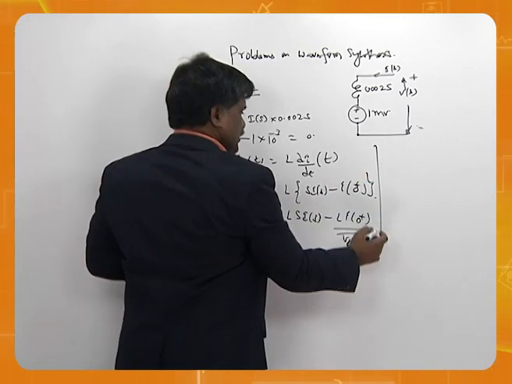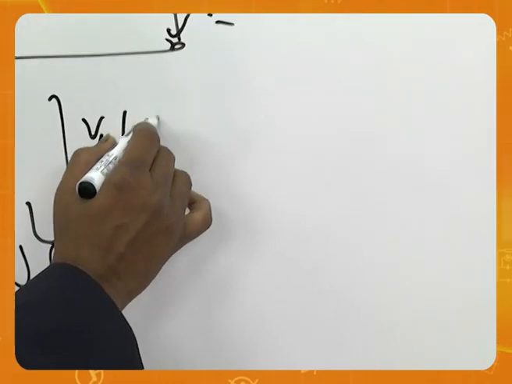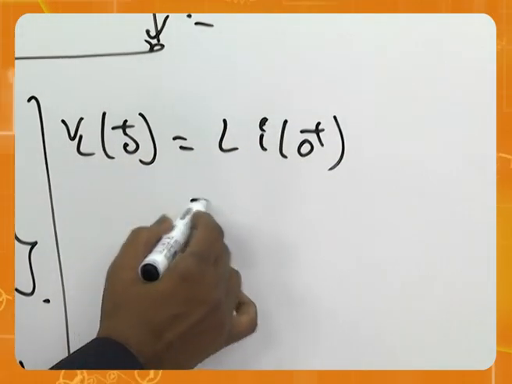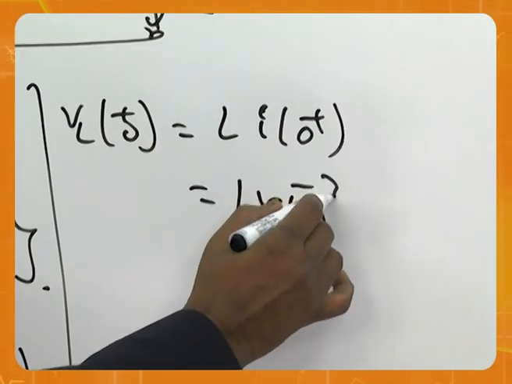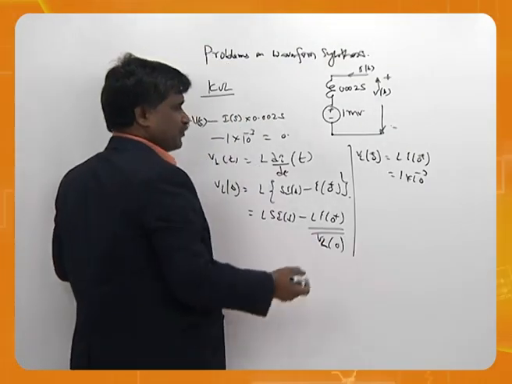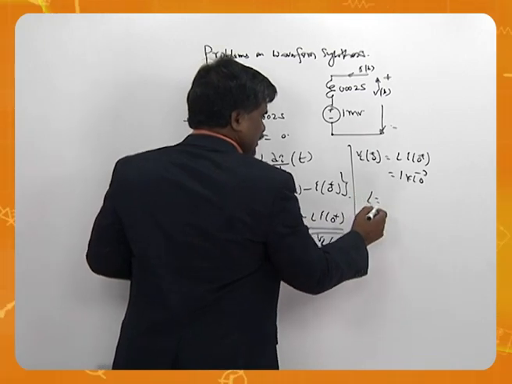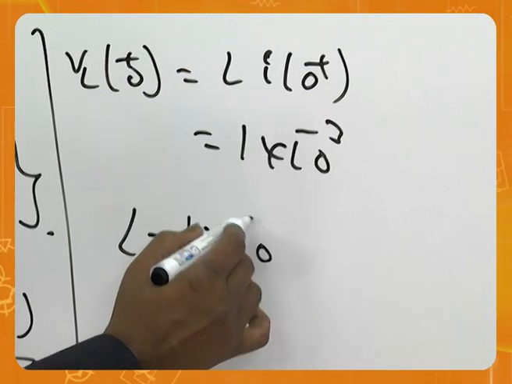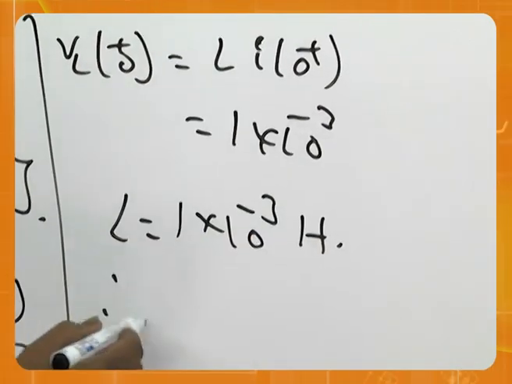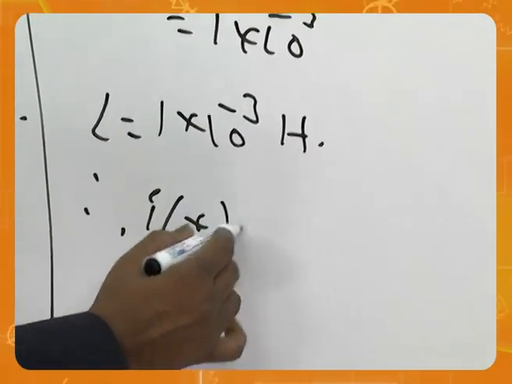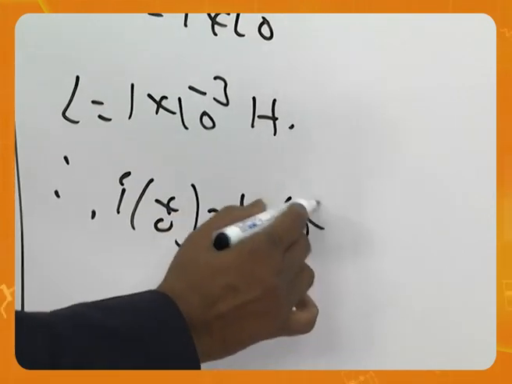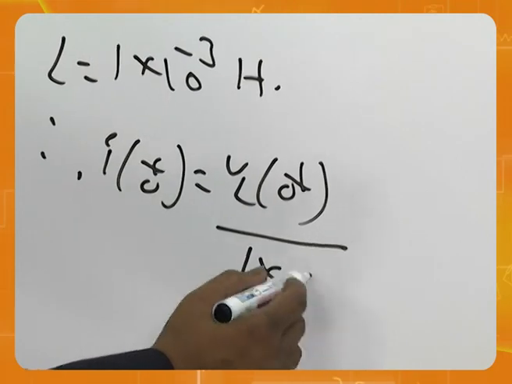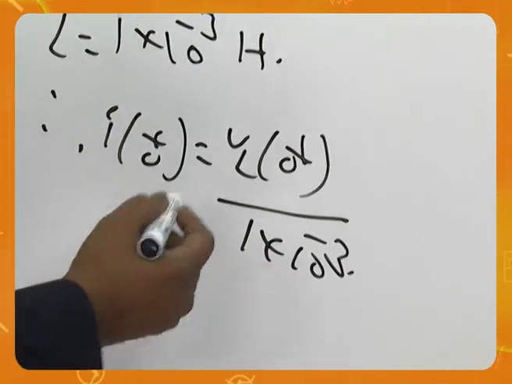Now if you really see this, VL of 0 plus is L into I of 0 plus, equal to 1 millivolt. Then what is L? L is given as 1 millihenries. Therefore, I of 0 plus is equal to VL of 0 plus by 1 into 10 power minus 3.